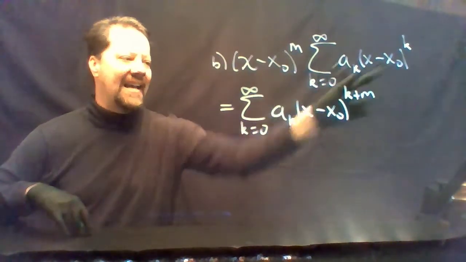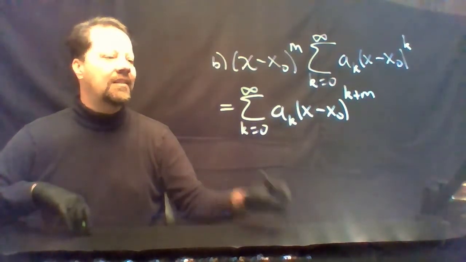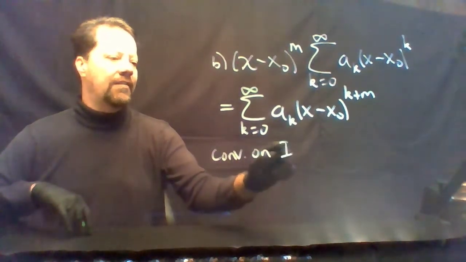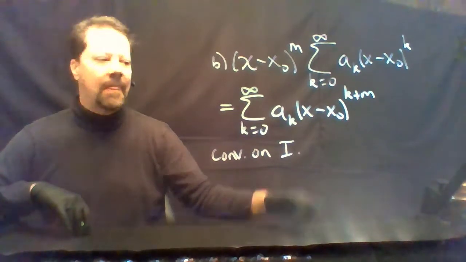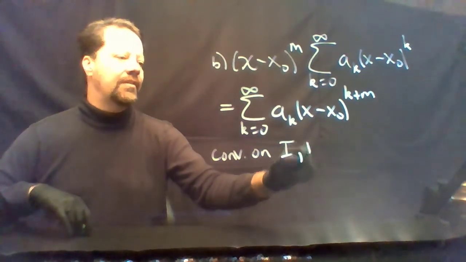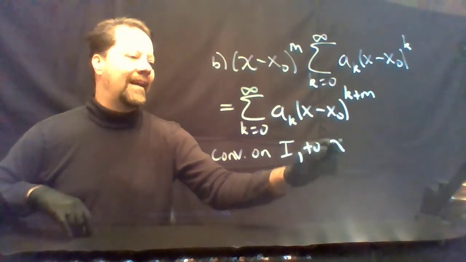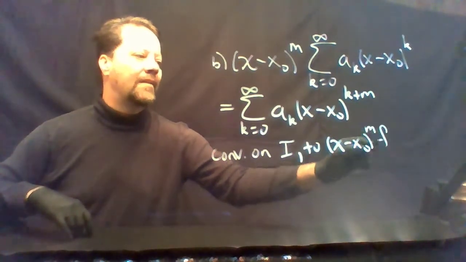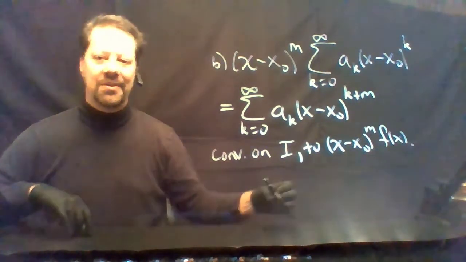Yes, you can add the exponents. And this will converge on the interval I as well. And it converges to (x minus x naught) to the power m times the original function f of x.